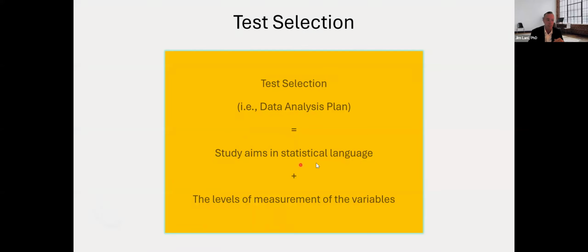I will talk about what I mean by statistical language. And you have to know the levels of measurement, which we just discussed. Those two pieces of information: I want to see if there are differences between A and B, and A and B are scale. I'm doing a paired t-test. So those are the two criteria for that.